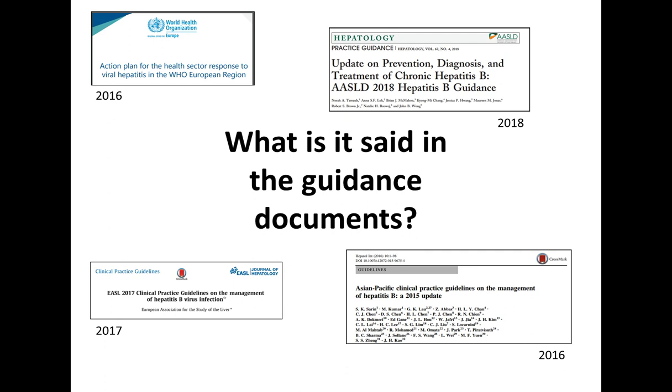However, there are some comments regarding Delta virus in the hepatitis B management guidelines of WHO, the American Association of Liver Diseases, the AASLD, the EASL, the European Association for the Study of Liver Diseases, and the Asian Pacific Association for the Study of Liver Diseases.